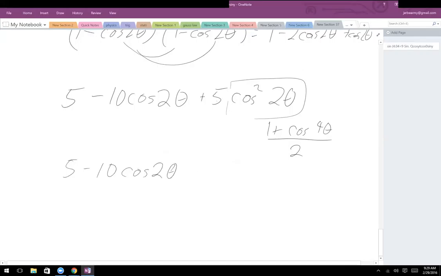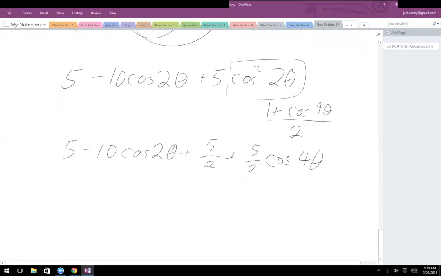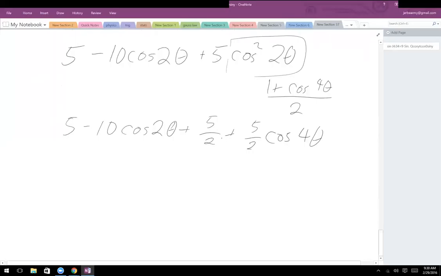And then 5 times all this, I'll have 5 over 2 plus 5 over 2 cosine 4 theta. 5 plus 5 over 2, that's 15 over 2.